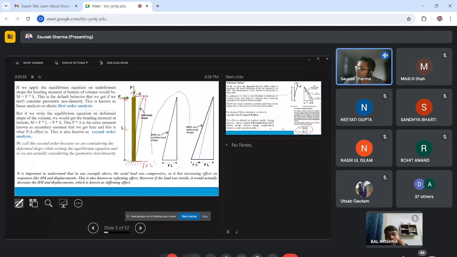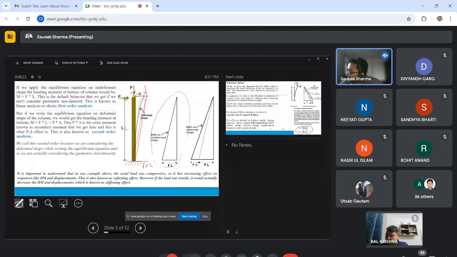Whatever we have studied in bachelor's or in courses till now, that bending moment, axial force, shear force diagram, these are the result of first order analysis only. But when this member is deflected, the point of application of the gravity force also shifts towards here.